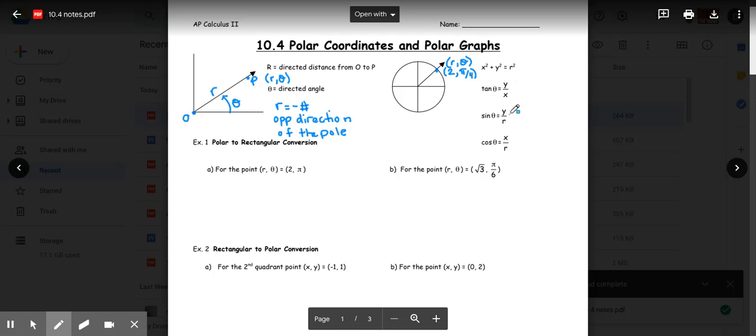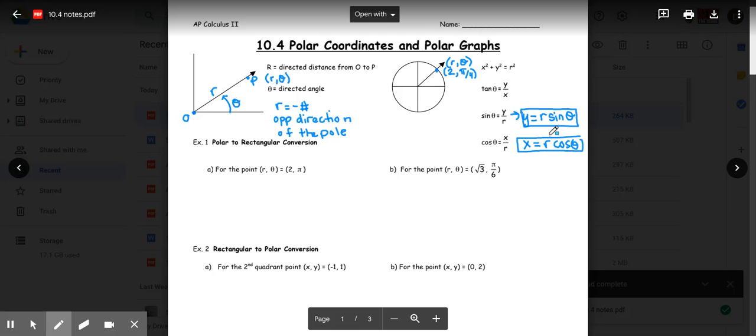So the main thing you need to know is that in polar, your y coordinate in rectangular form is r sine theta, because if we solve this for y, we get r sine theta. You need to know that. And if we solve this for x, you get r cosine theta. These are the two major ones that you need to know.